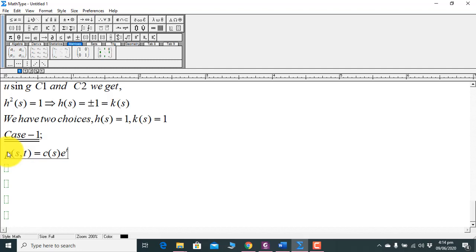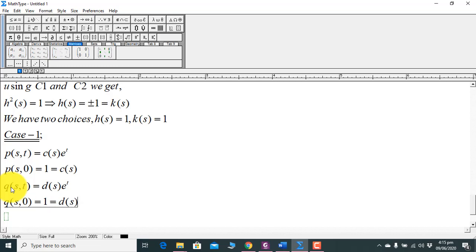If you put the condition, p of s comma 0 will be 1, but it becomes c of s because e to power 0 is 1. Similarly, q of st, if you remember, was d of s e to power t, and if you put the condition q of s comma 0, the answer is 1, but it becomes only d of s.